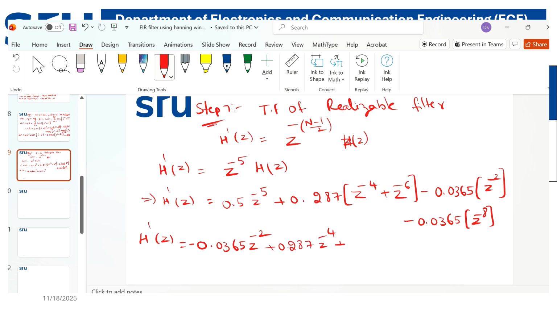Third term is plus 0.5 z power minus 5. Next term z power minus 6 and next term z power minus 7 is missing, that is 0, minus 0.0365 z power minus 8. Next step, give it as equation number 3.